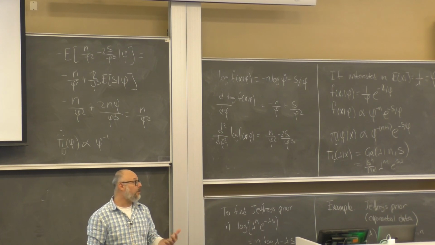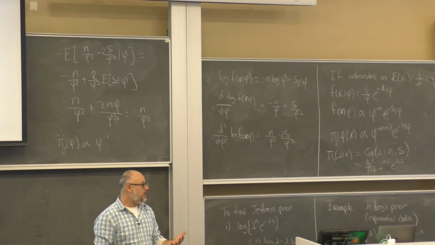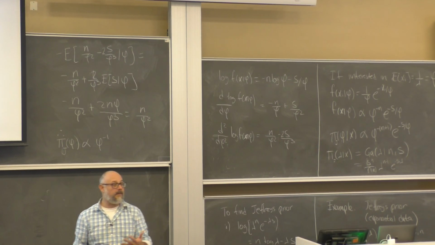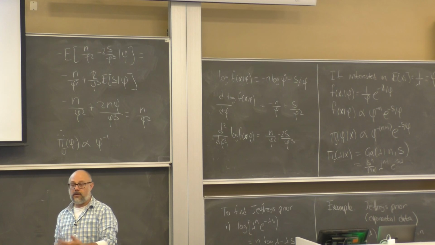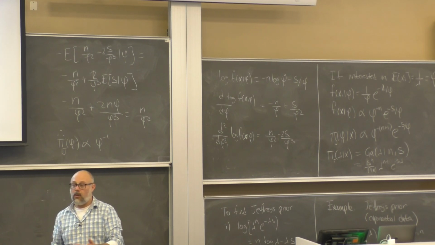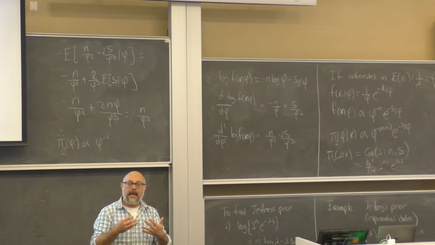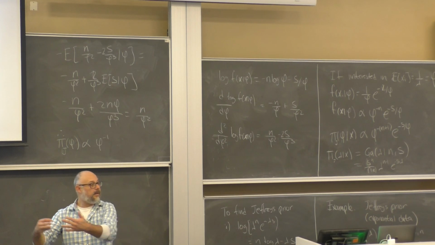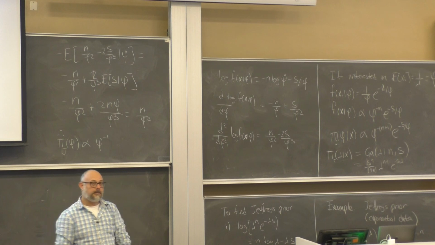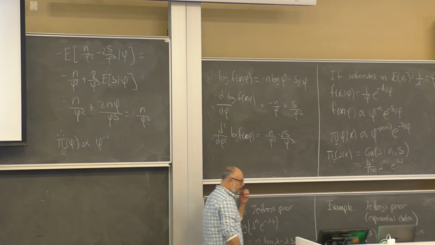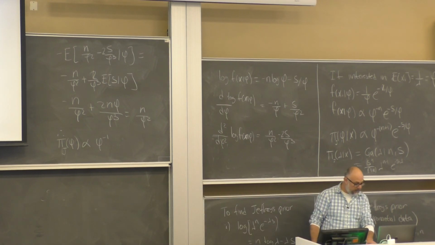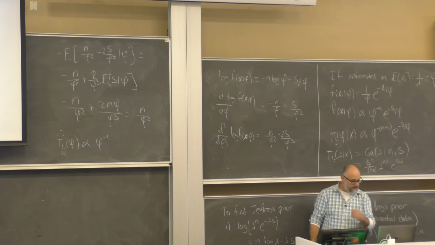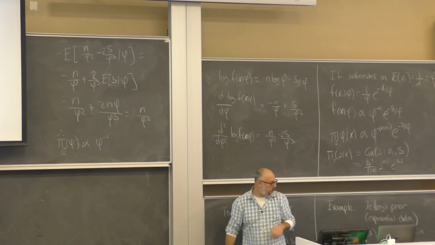And that's one key requirement that you need if you want to have a truly non-informative prior. You want the information in the prior to be the same no matter the parameterization. Good.